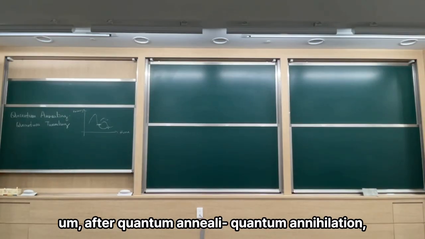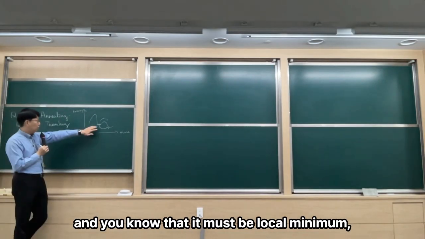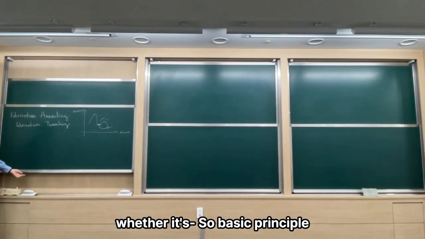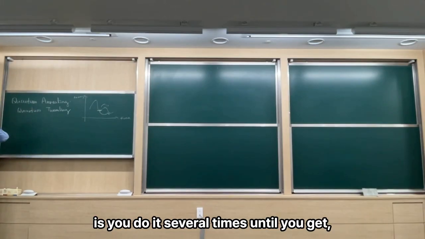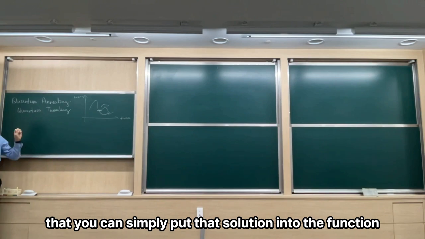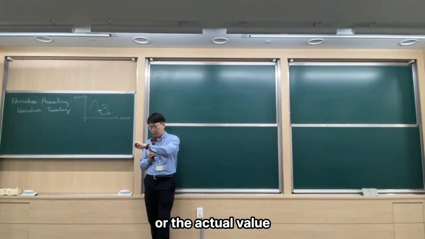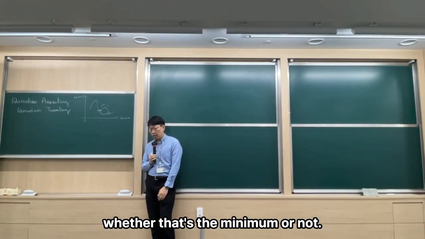After quantum annealing, you have some quantum state, and you know that it must be a local minimum, but you don't know whether it's a global minimum. So the basic principle of quantum annealing is you do it several times until you get a low enough solution so that you can simply put that solution into the function or the actual value that you want to compute, and then see whether that's the minimum or not.